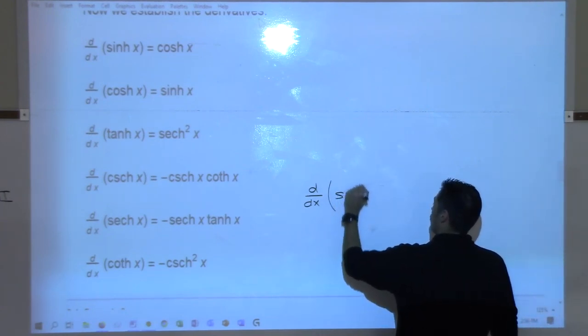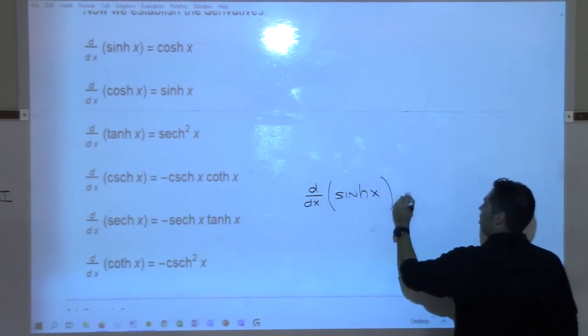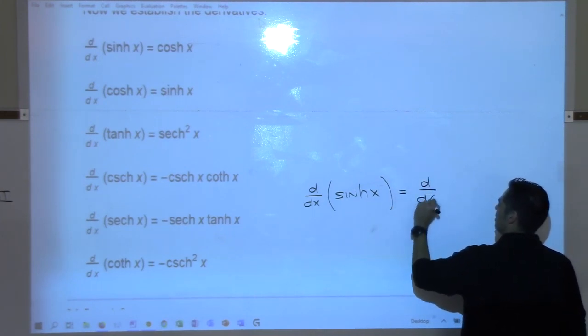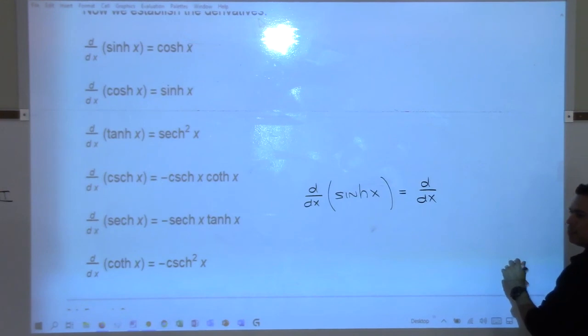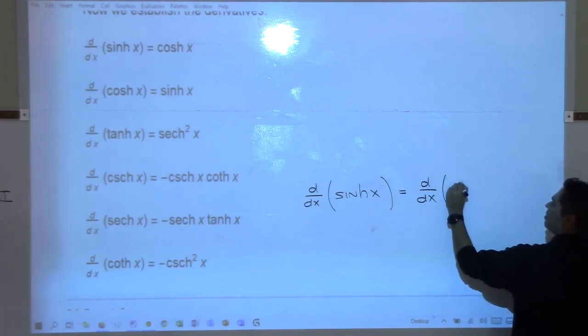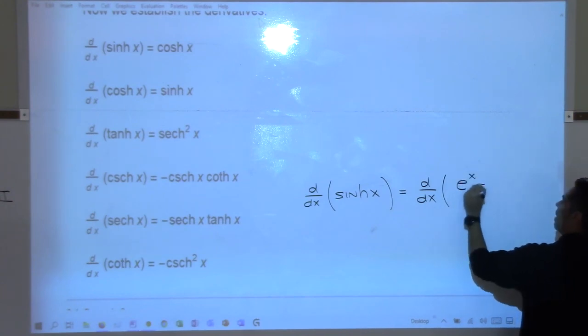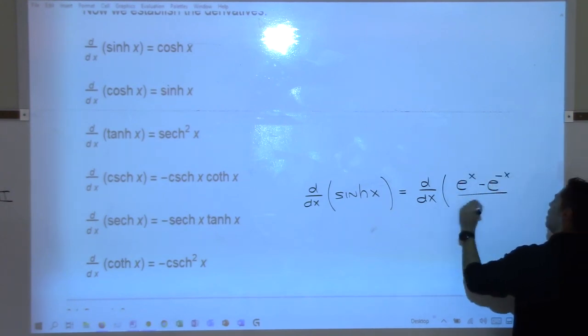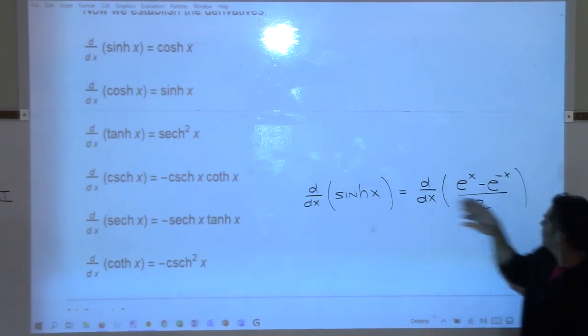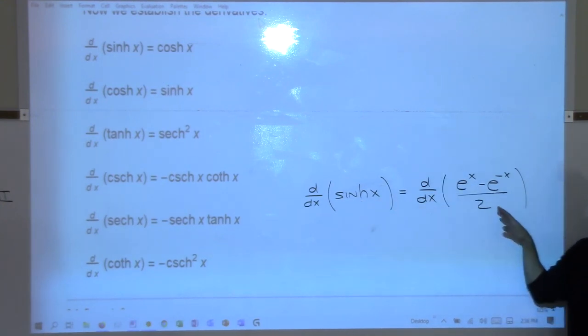You could, but I would probably express my condolences as you started the problem because it would be brutal. You would use identities. It could be done. Look at it this way though. If we just do e to the x minus e to the negative x over 2, this is what hyperbolic sine is, right? And we just want to take the derivative of that.